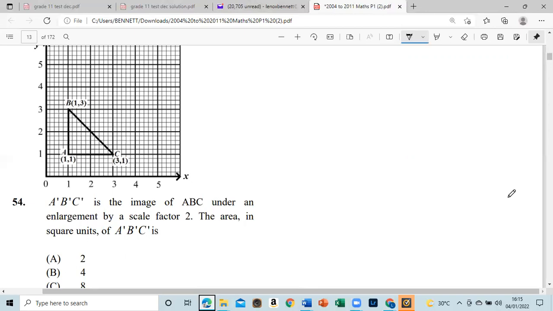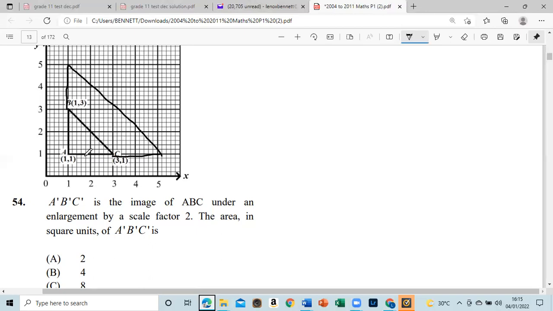We can find the area of that one, and then we double it. If it's scaled by a factor of 2, this is going to end up coming out here, because it's a double, right? That's the new image.